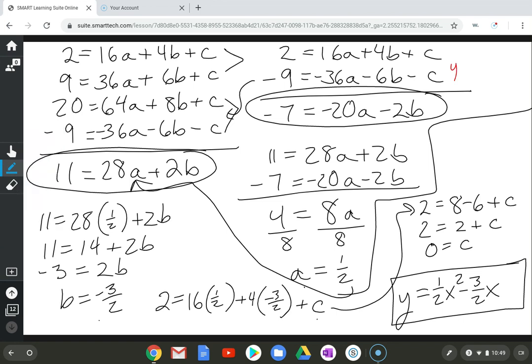So we had y equals ax squared plus bx plus c. That was what we were trying to find. So when we found our a, our b, and our c, that's how we end up with the coefficients for our polynomial. And that's it.